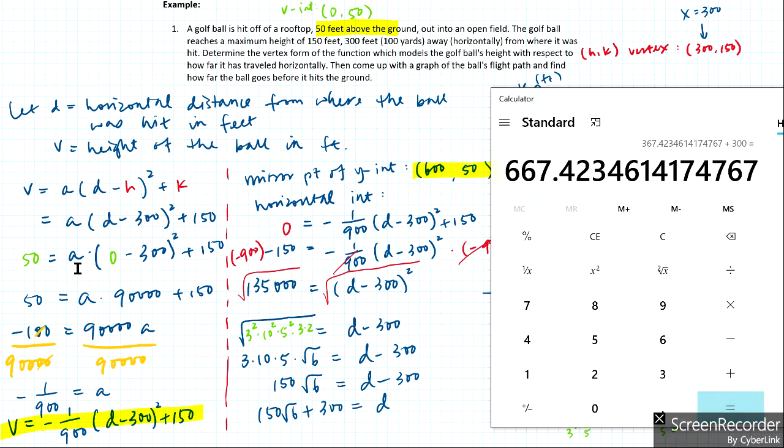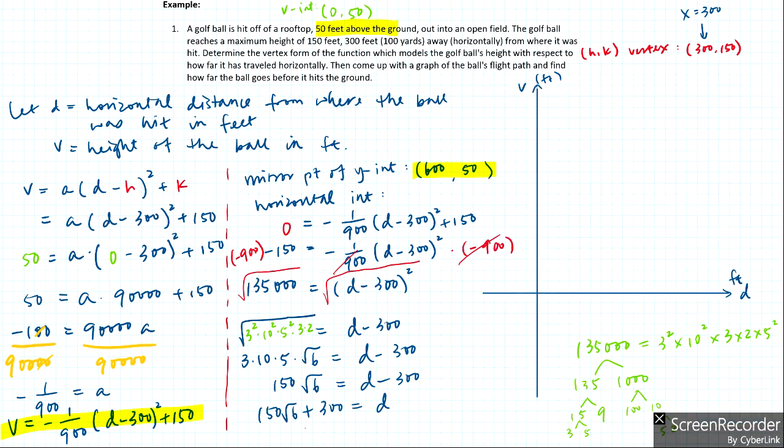We should get about 667 feet in distance, and that's going to be the horizontal intercept we can use. So we can have 667 comma 0, and that tells us the ball will hit the ground when it's about 667 feet in horizontal distance away from where it was initially hit.